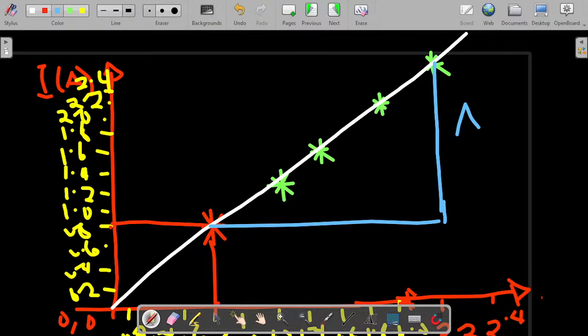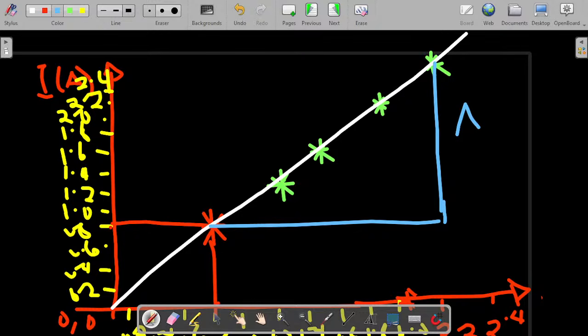So my slope X will give me 2.3 minus 0.8 over 2.3 minus 0.8. All you need to do now is to use a calculator to subtract 2.3 minus 0.8.